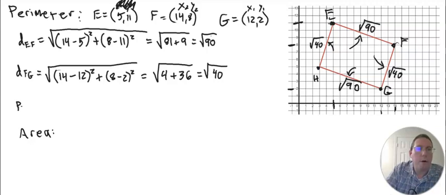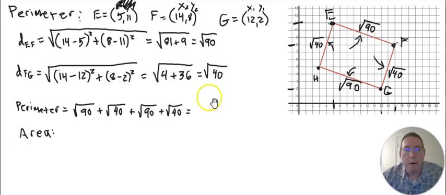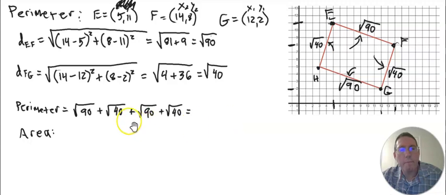So perimeter is going to be equal to the square root of 90 plus the square root of 40 plus the square root of 90 plus the square root of 40. Now, we could simplify these. We're not going to right now. We're going to do that in another lesson in week 3. But for now, we can just key these into a calculator.